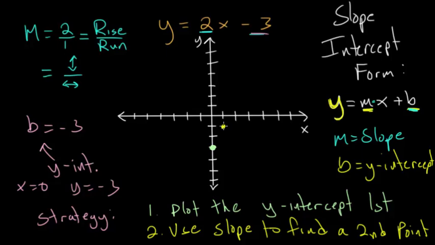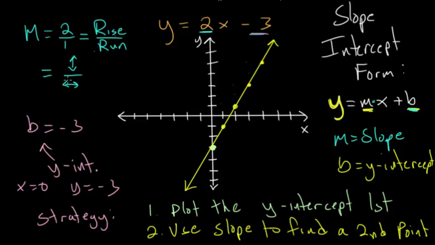But from here, you can again go up 1, 2, and then over 1, up 1, 2, over 1. And you can see these all line up, at least roughly. And at this point, we'll just connect them with a line. And this line right here is the geometric representation of this equation y equals 2x minus 3.